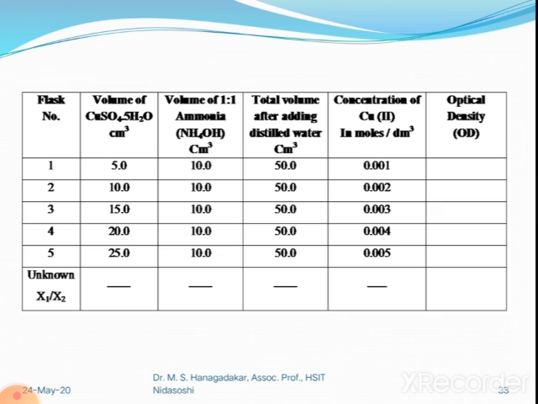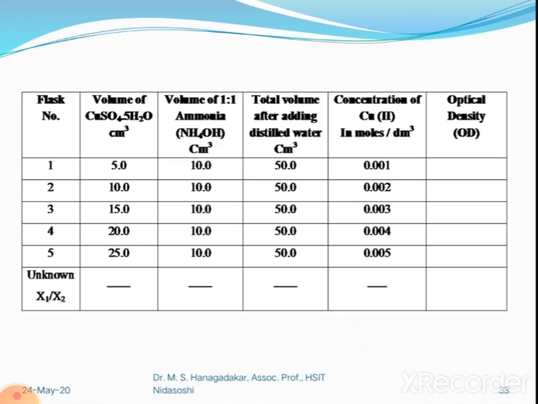The volume of copper sulfate taken in the first flask is 5 ml, second flask 10, third flask 15, fourth flask 20 and fifth flask 25 cm cube, and the unknown solution volume is not known to you because it is given by the teacher or the lab.